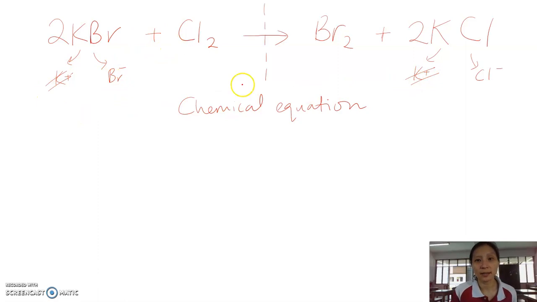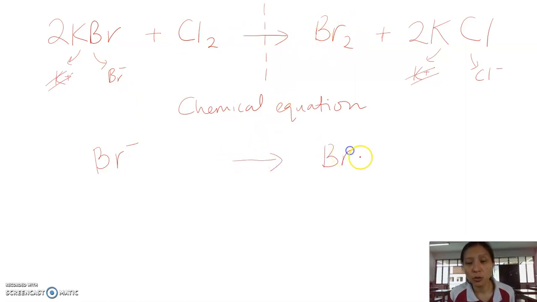So what I can see now is that my Br- on the left side of the arrow has changed to become Br2 on the right side of the arrow. And I also noticed that my Cl2, which is a molecule, after the reaction has changed to become Cl-.